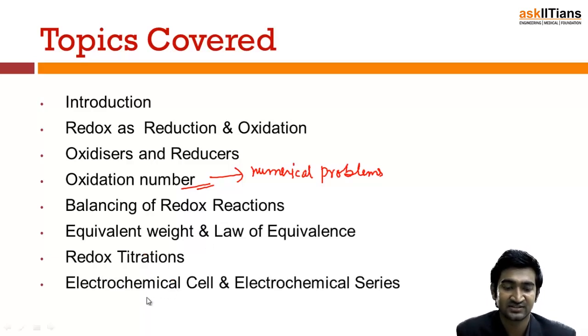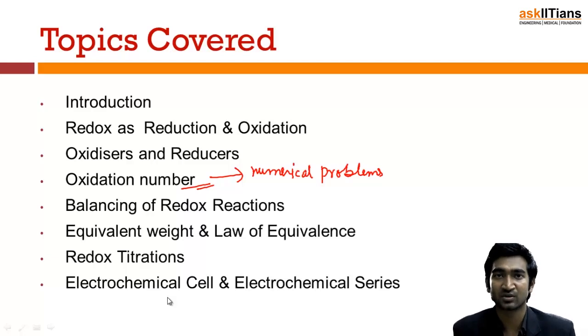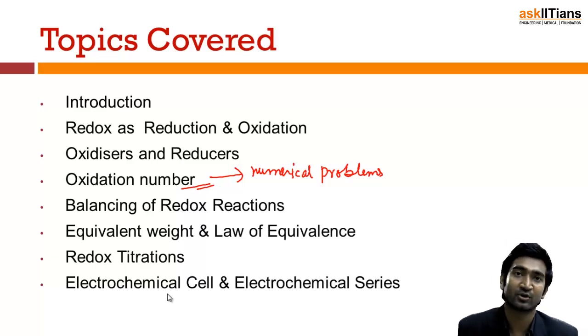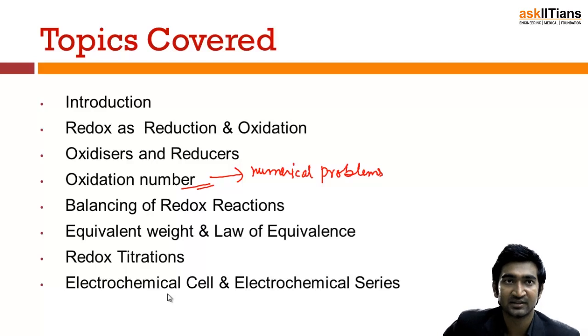Then we'll discuss electrochemical cell and electrochemical series, which includes all the spontaneous processes regarding current electricity, the electric current generated by the electrochemical cell. There also we have redox reactions going on.